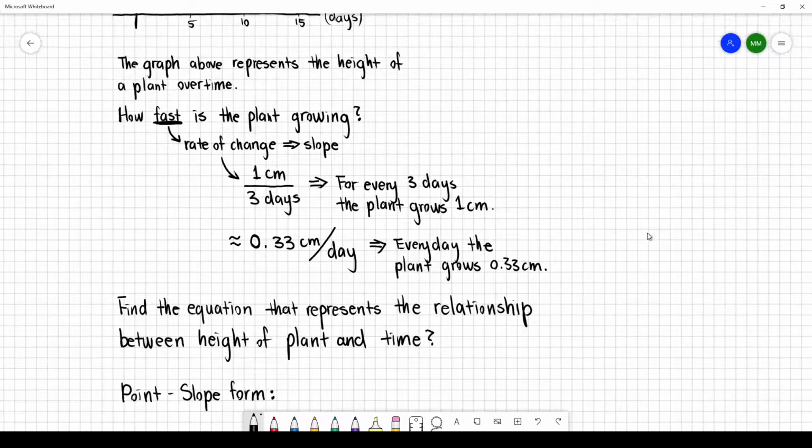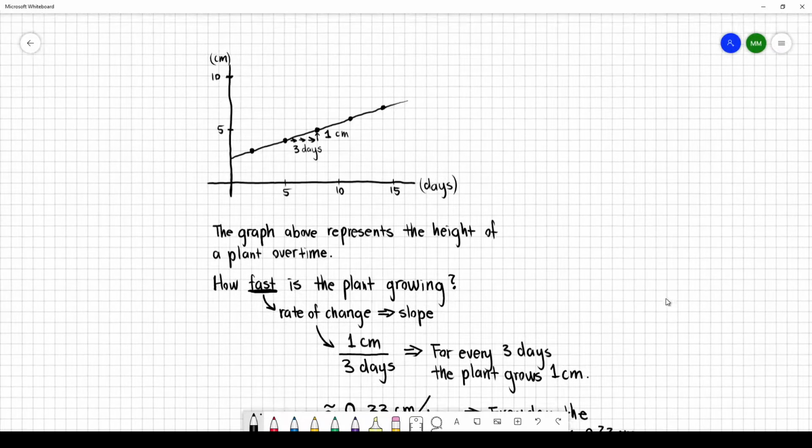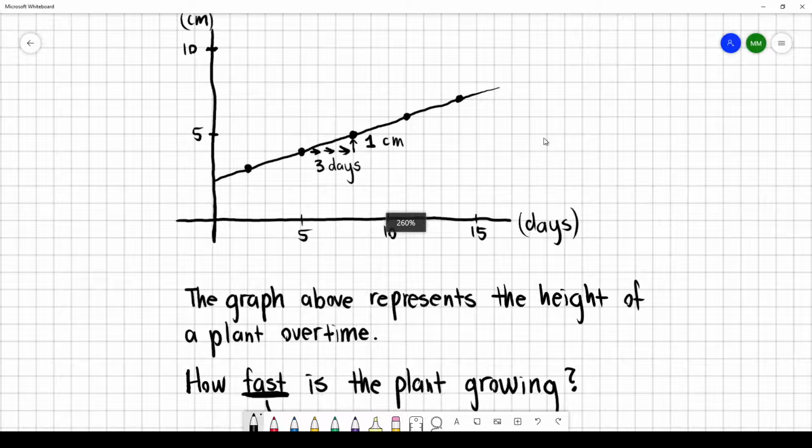So the key is to use point slope form. And for point slope form, you need a point. This one here is 11 and 6.